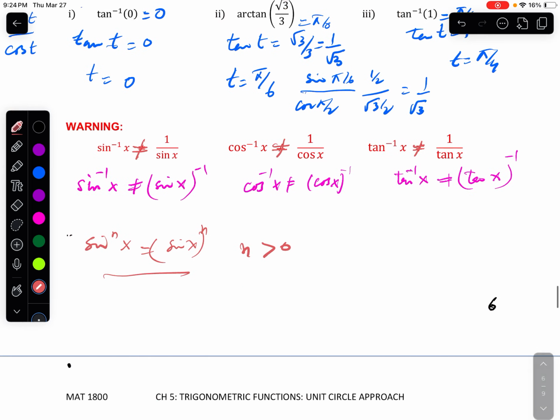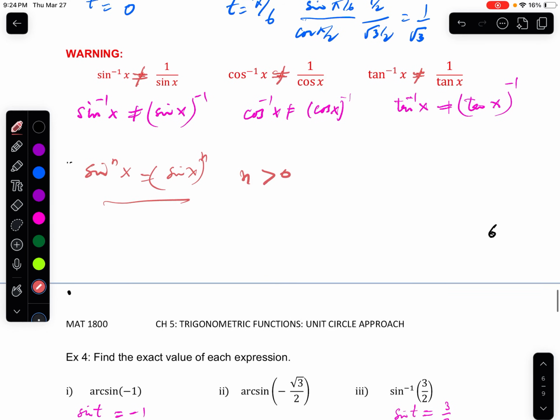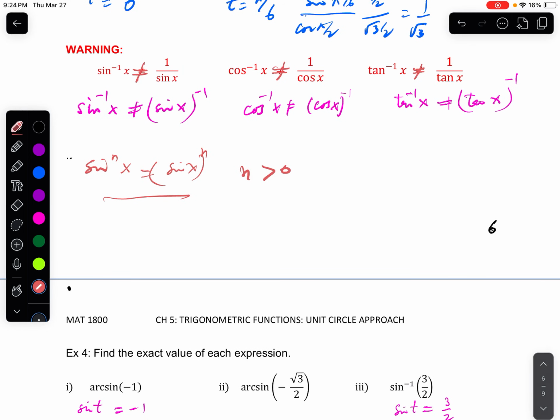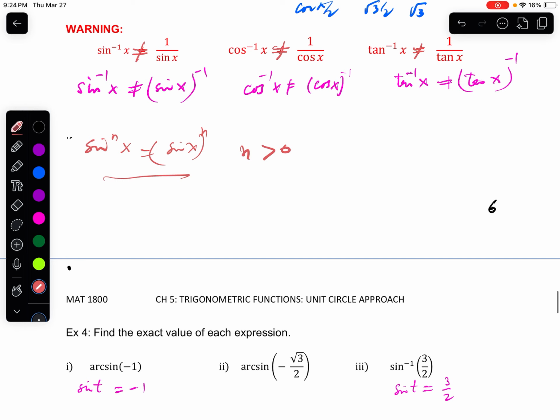So just to come out of this confusion, that's why that other notation has been introduced. So in inverse x, instead of this, we can write arc cosine, arc sine, arc sin.